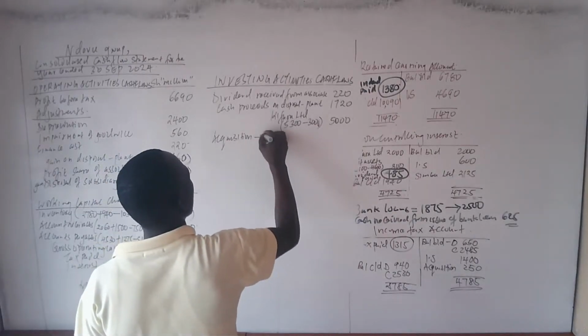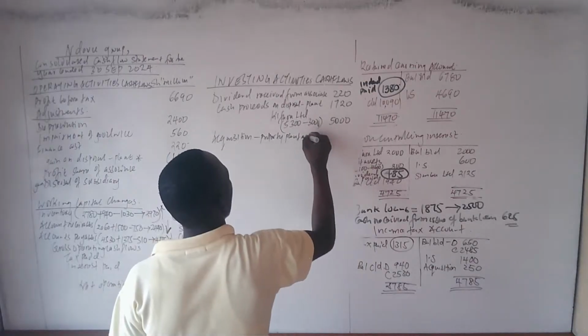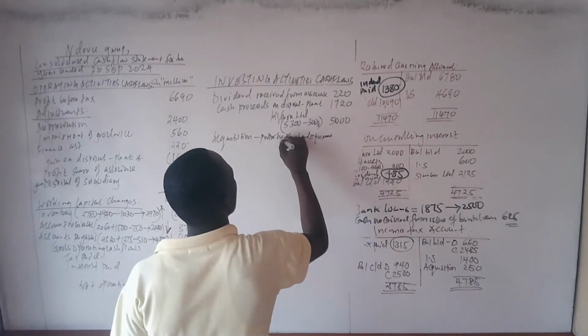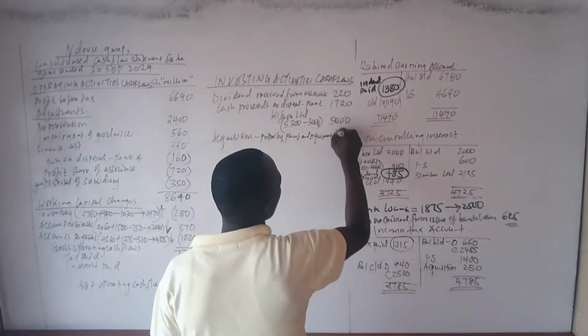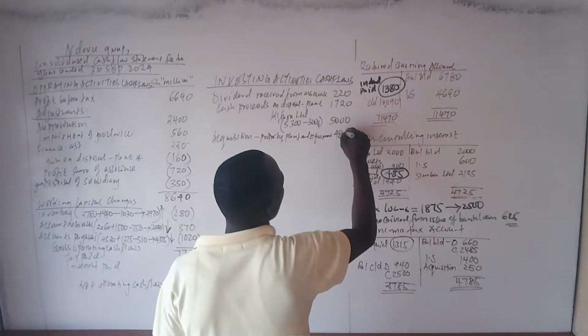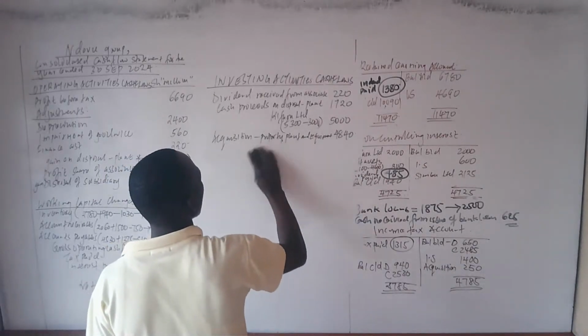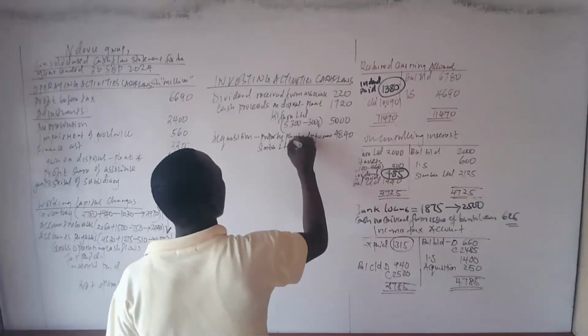Acquisition. We acquired what? Property, plant and equipment. How much was the property, plant and equipment? 4840. Next we acquired a subsidiary, which is Simba Limited.